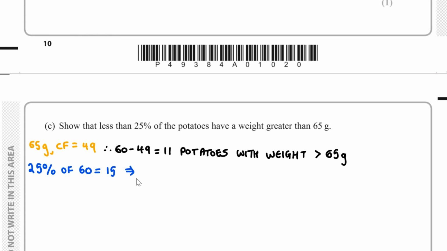And so for the top quartile, we've got 60 take away 15, which is 45.